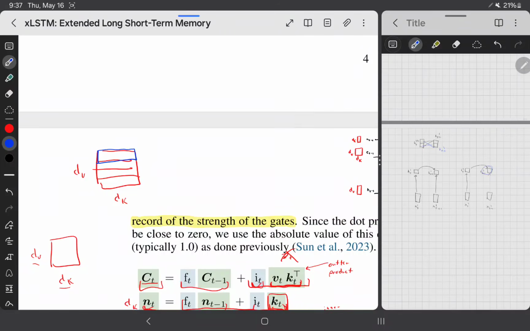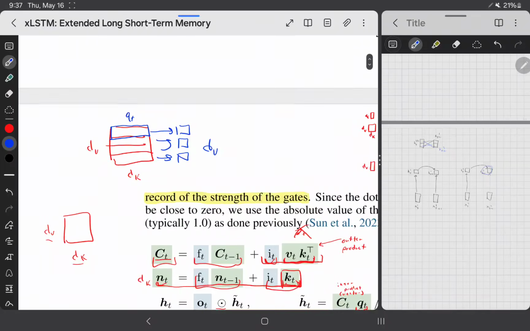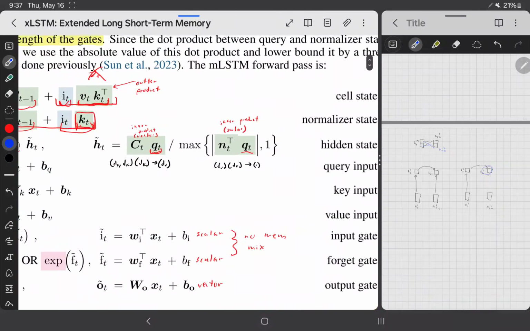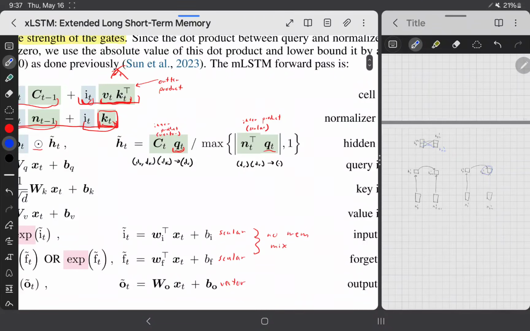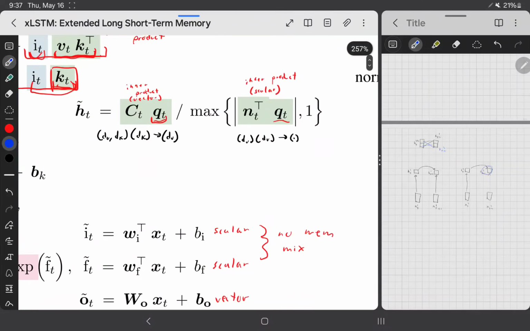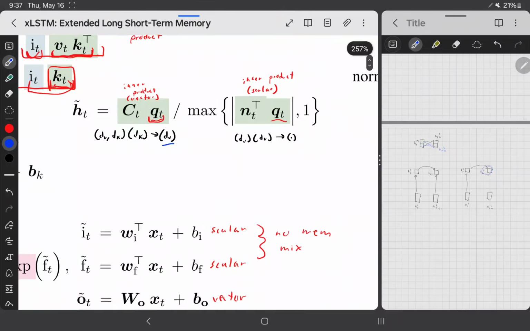So basically your q vector is extracting the value information, because each of these becomes a scalar whenever you do an inner product by q. So you multiply by q, and you get this output scalar, and you get the output scalar for each part of dv. So the output is going to be dv, and they basically say the query is extracting the values from the hidden state, giving you your hidden state here. So inner product giving you dv.